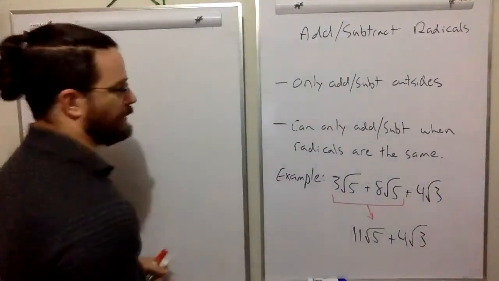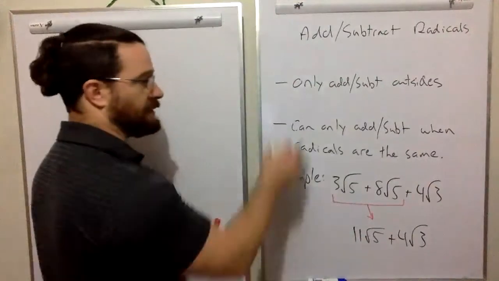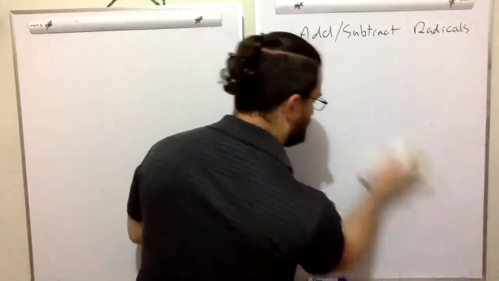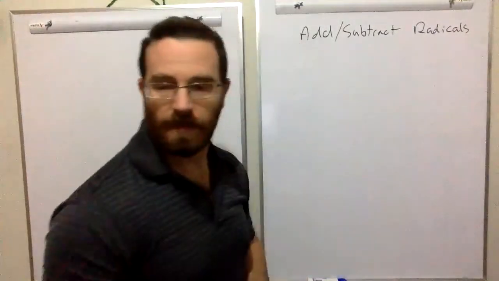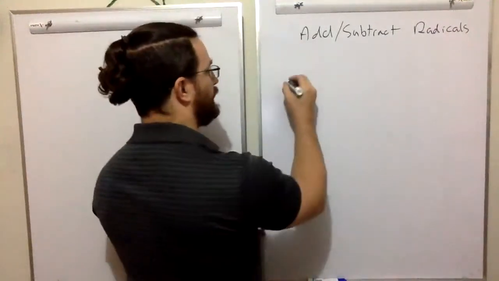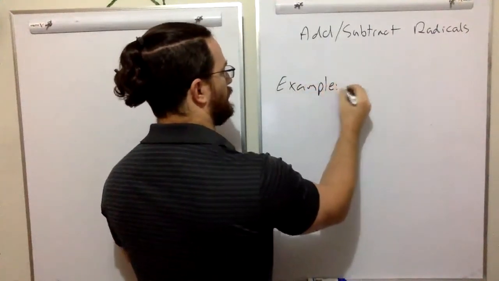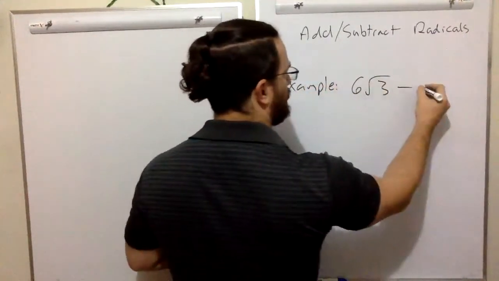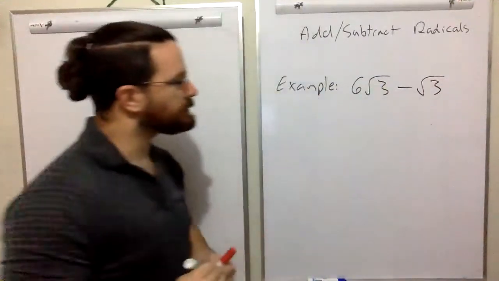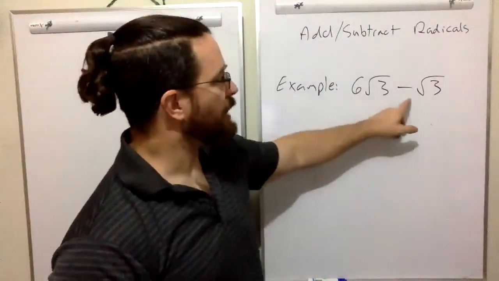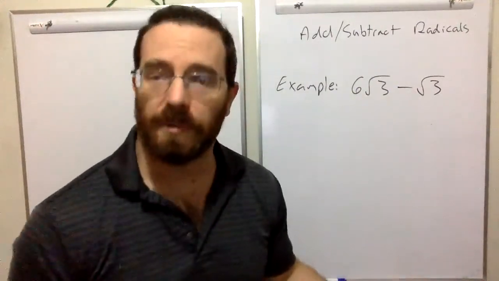Let's take a look at another really quick. And I'm going to erase this because you should have already written down the rules. Let's say I have 6 radical 3 minus radical 3. All right. Well, in the event there is no number in the front here, we assume the number's a 1.